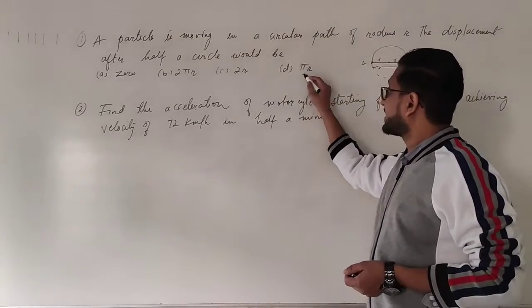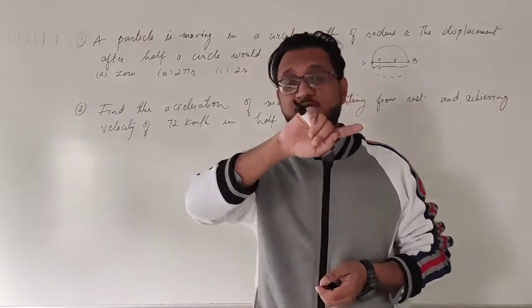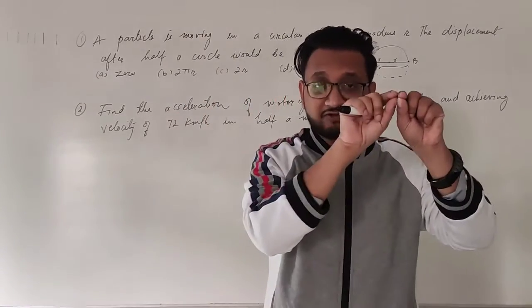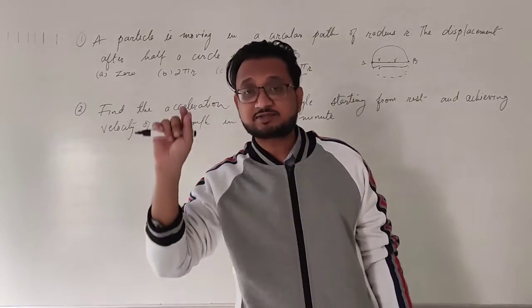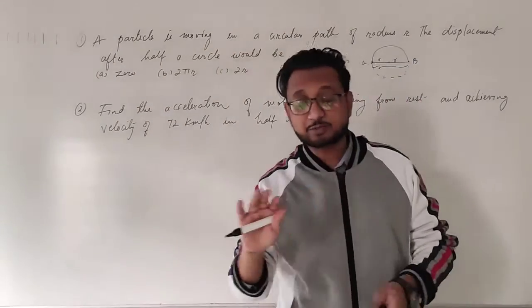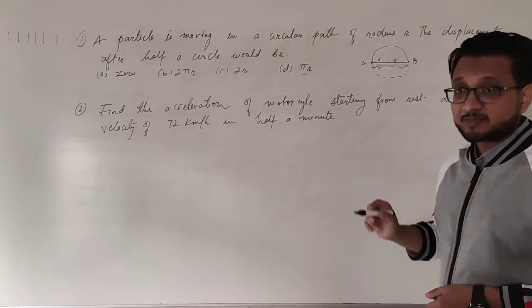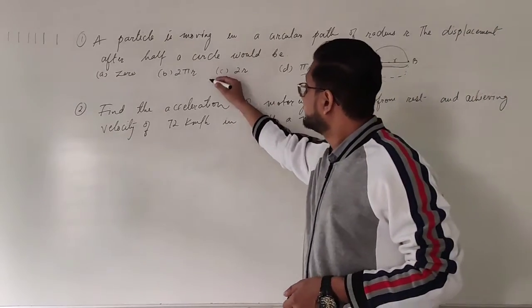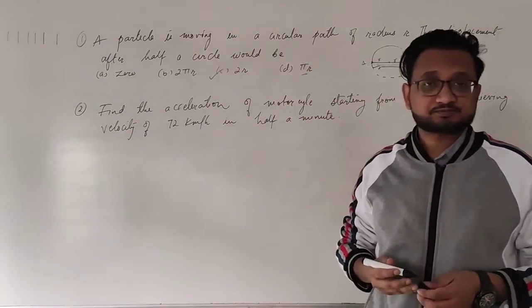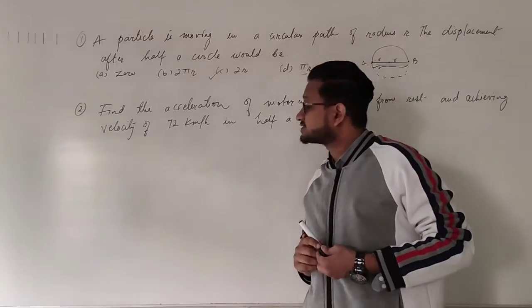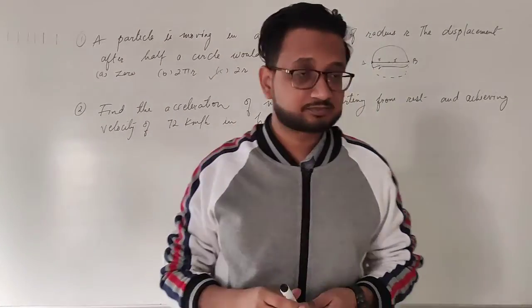That means we cannot use the semicircle as well because we are not finding the distance covered. However, we are finding the displacement, that is the shortest path from point A to point B, and for that we will take this line over here, and that is the diameter, and you can say 2 times r. So the answer for the first question is 2r.